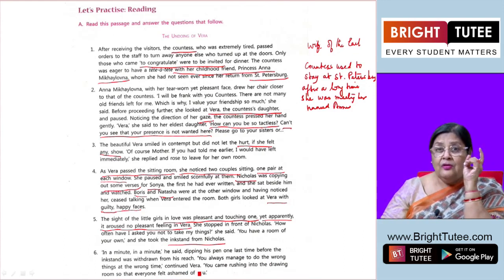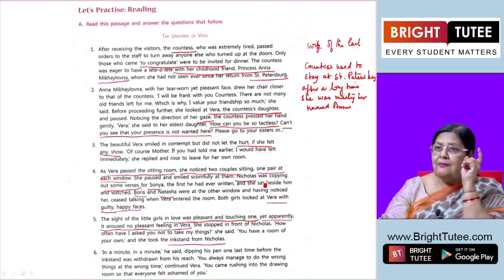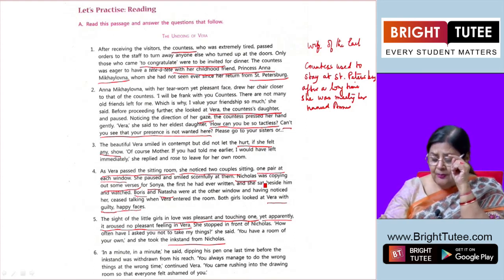She started hurting and humiliating the boy, Nicholas. She said, "You are always like that. You don't care for anything. You take people's things and you start using them without knowing what you are doing."